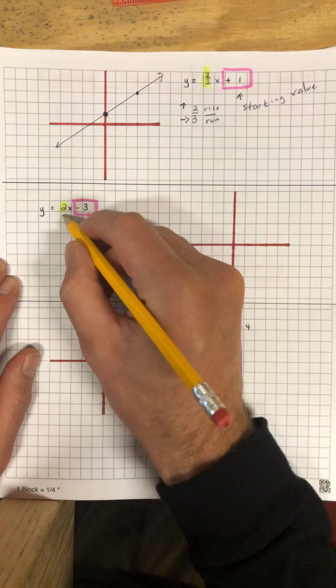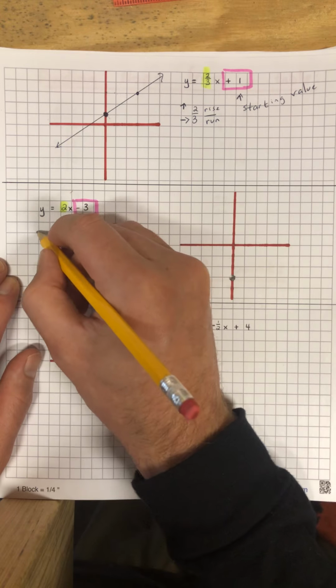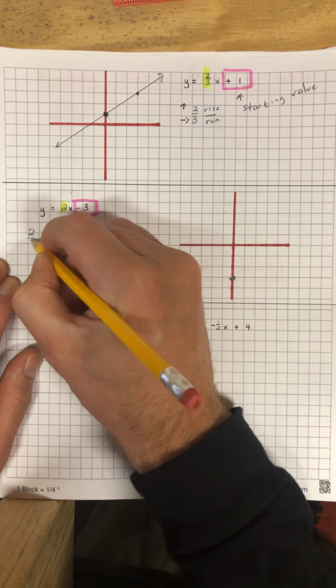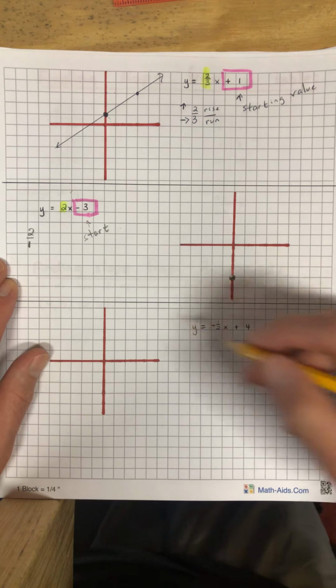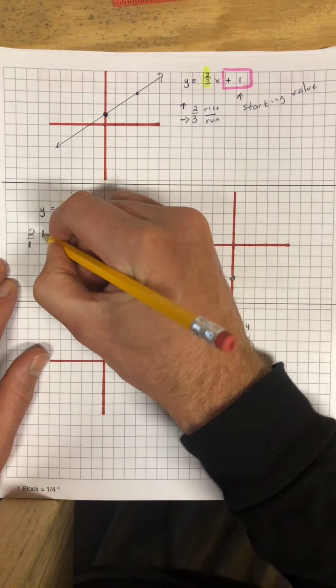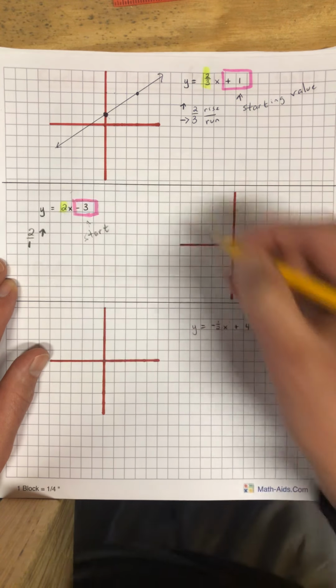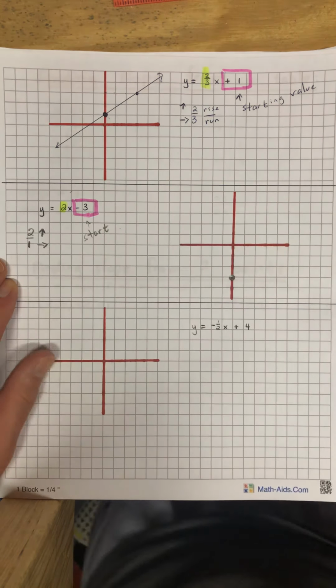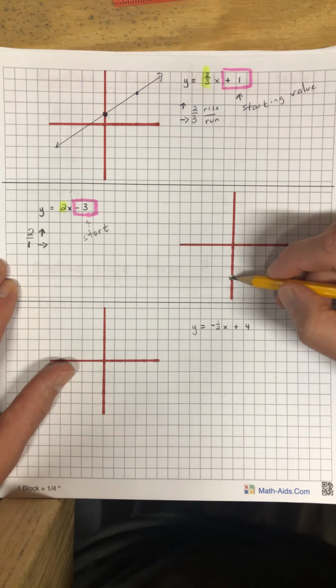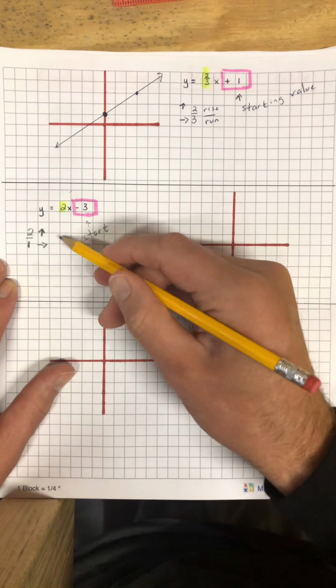Now in this case, our slope is 2. As a fraction, 2 would be written as 2/1. That tells me again, because it is positive, I'm going to go up 2 spaces, and I'm going to go to the right 1 space. So from my starting point, look at my slope, up 2, right 1.